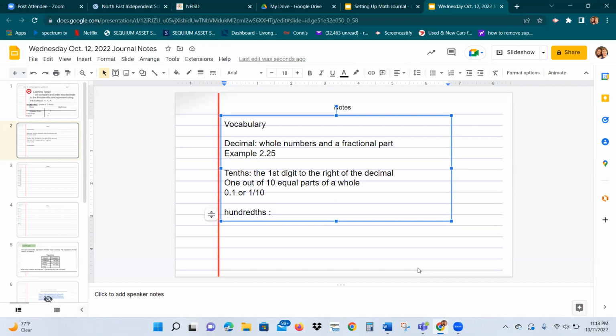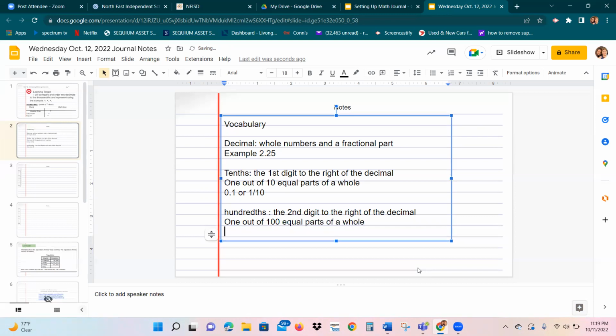So this is going to be the second digit to the right of the decimal, which is going to be, what would we say? Yes, exactly. It's going to be 1 out of 100 equal parts of a whole.